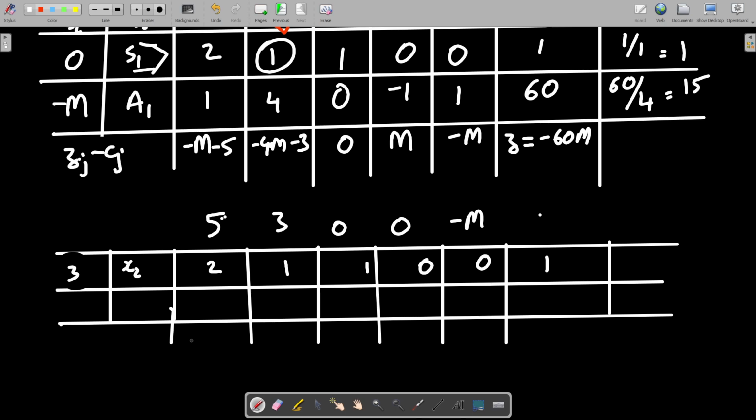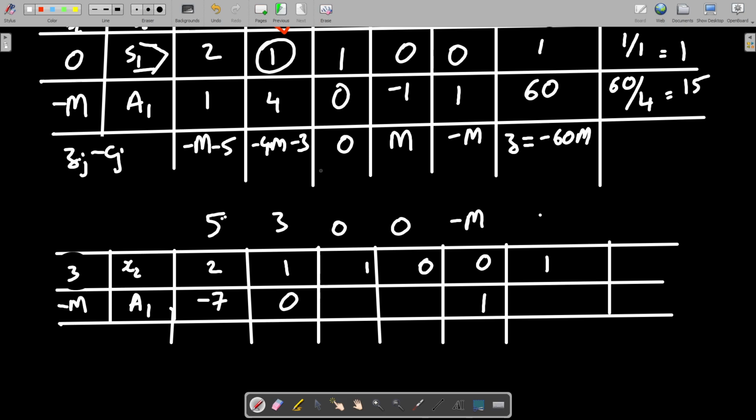Okay. Now next we'll have to calculate the remaining. Here I have to write down 0, 1. Here the cost is minus M. Here the variable is a1. Yeah. So these remaining entries have to be calculated. So 1 into 1 minus 4 into 2 divided by 1. So minus 1 minus 8. It will be minus 7.